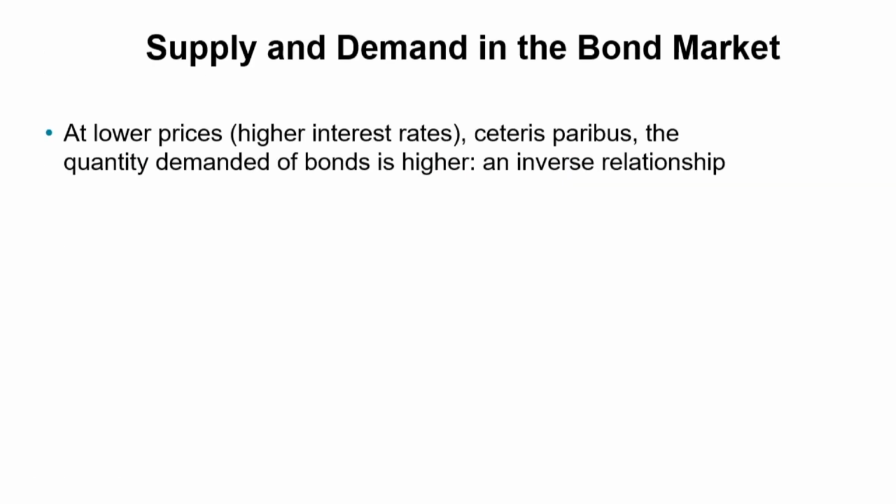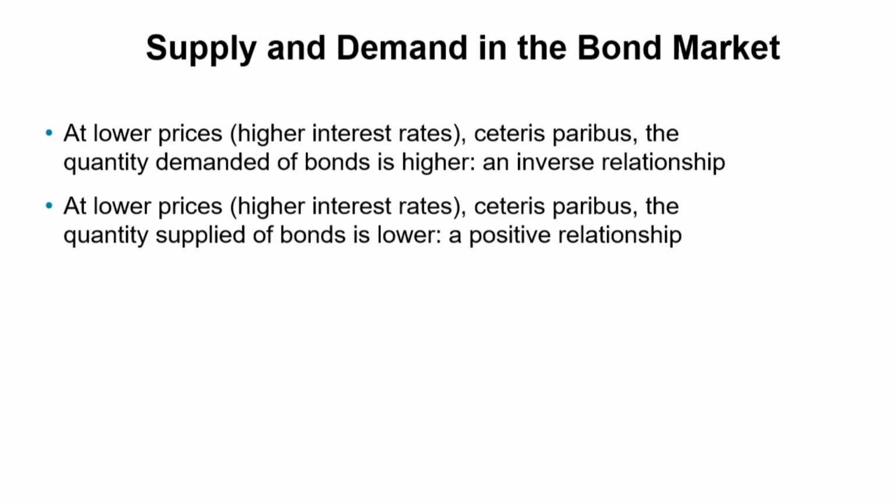So let us see how market equilibrium is determined using supply and demand in the bond market. What you can see here is that at lower prices, since we have already seen the inverse relationship, a lower bond price means a higher interest rate.